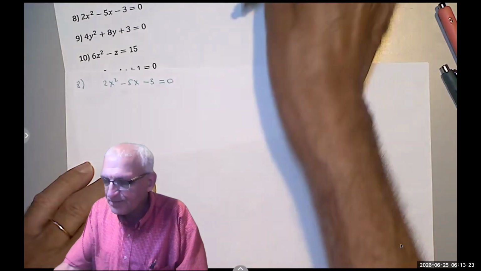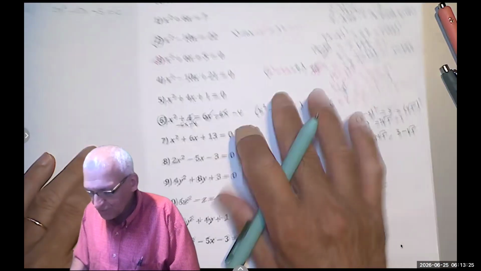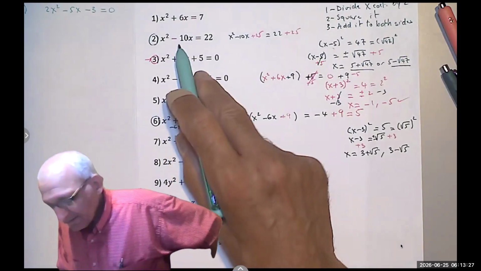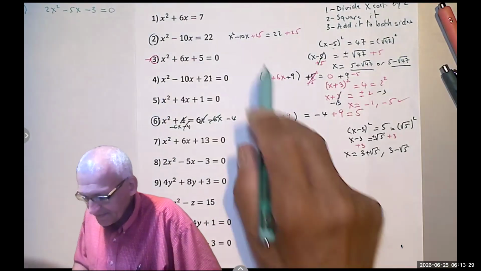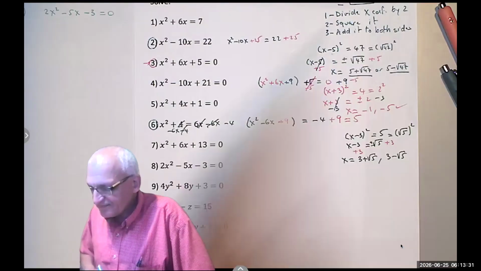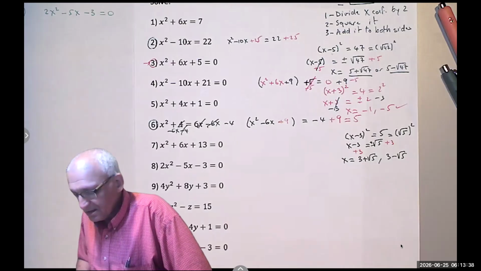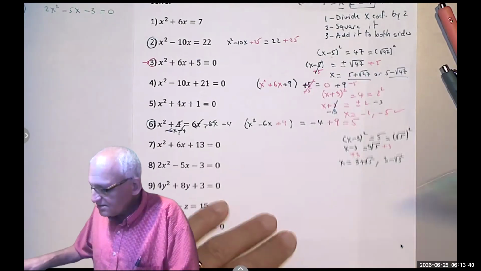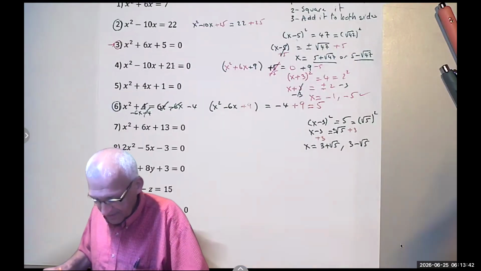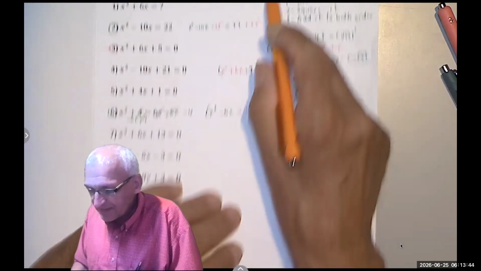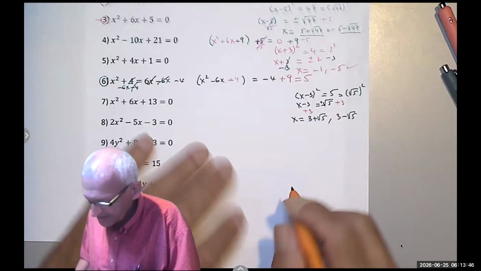Here, I have to be careful. Remember here I told you that the middle number is negative plus or minus 2a times x. But the next problems, the last 3 problems, are not x plus or minus a quantity squared.